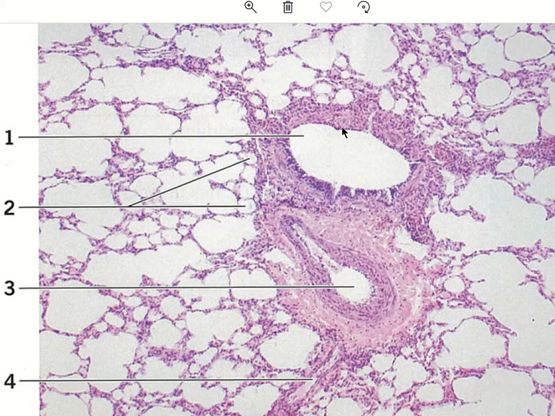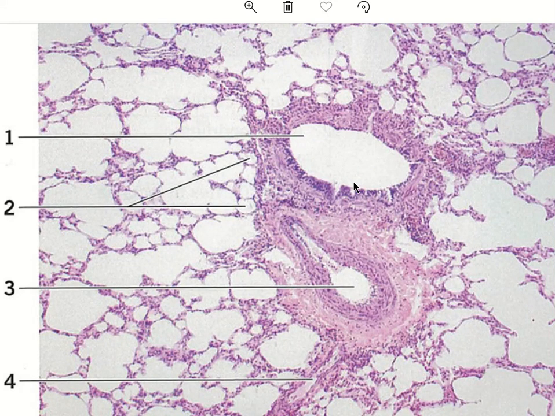So here is our bronchiole, and you can see that there's a big luminal space that's pretty much not filled like a blood vessel will be, right?